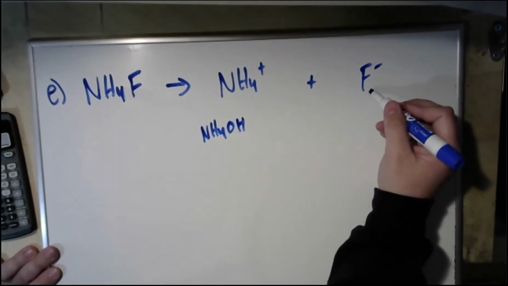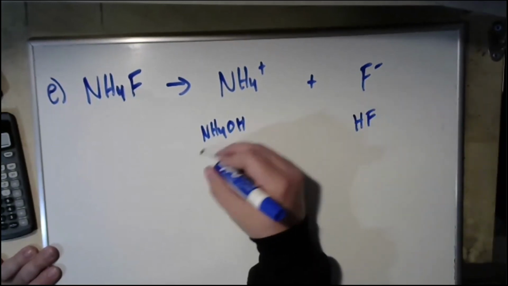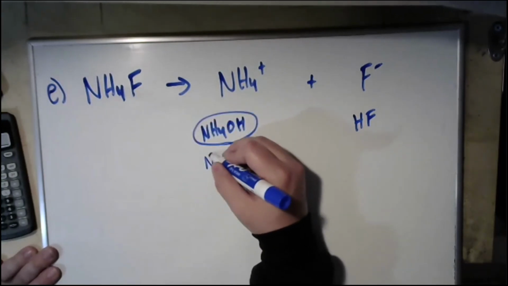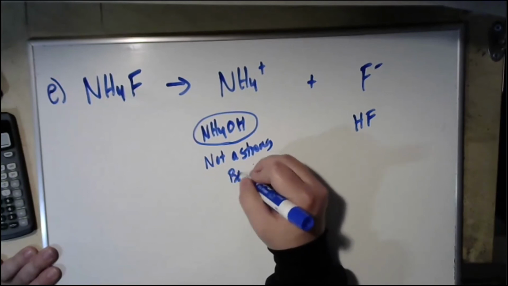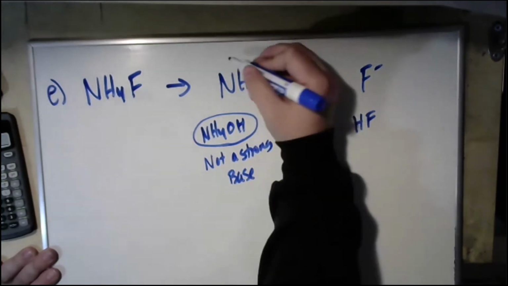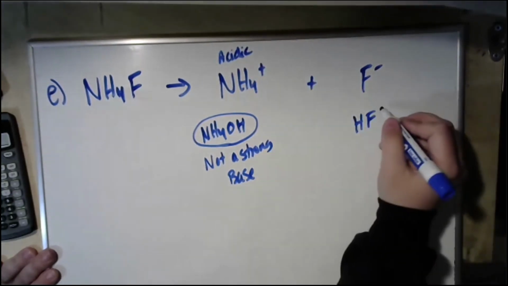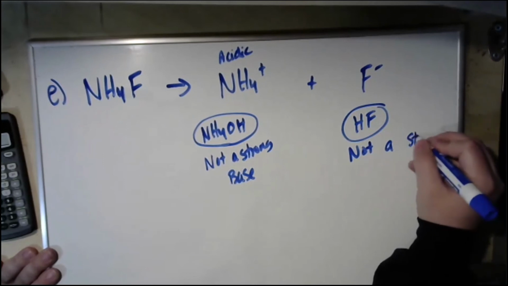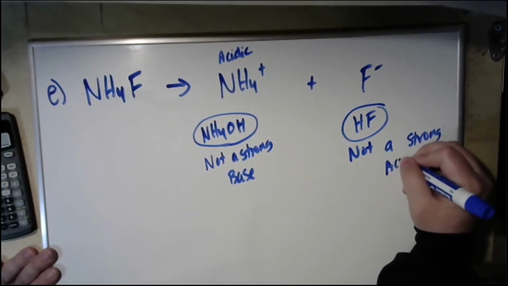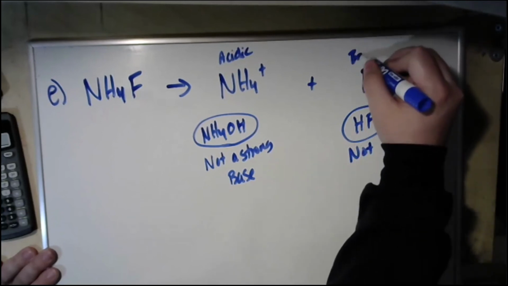If I add hydrogen ion to F minus, I'm going to form HF. NH4OH is not a strong base, which means that the NH4 plus is acidic. And HF is not a strong acid, which means that my F minus ion is going to be basic.